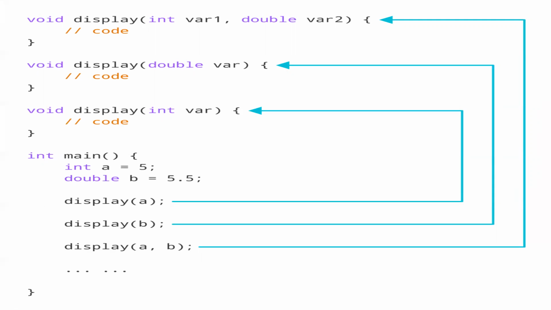Now this information of the type and the number of arguments is sent to the compiler. पहले ही भेज दिया जाता है रन टाइम से पहले. ठीक है. It is known to the compiler at the time of the compilation.